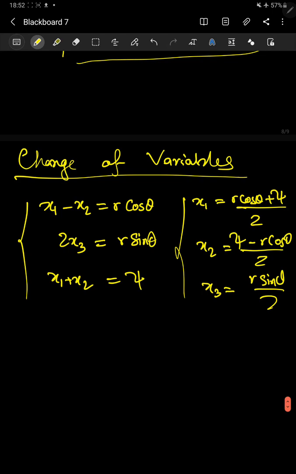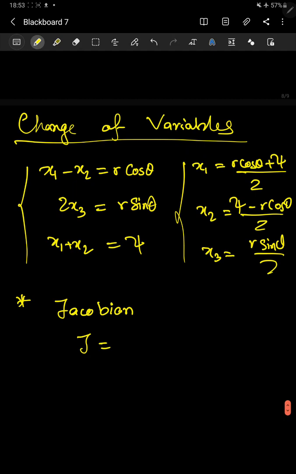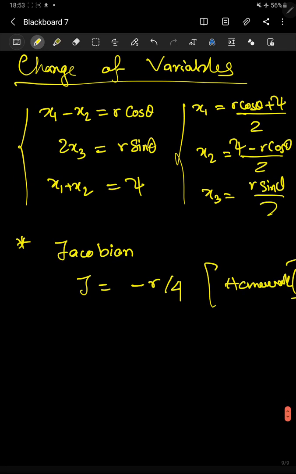Since we are doing a change of variables, we have to find the Jacobian to do things correctly, and it's of course your job to find the Jacobian. If you work the Jacobian out explicitly for this case, you'll see that it turns out to be like this.